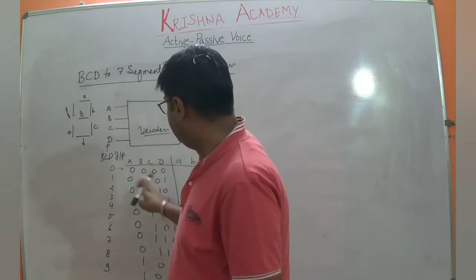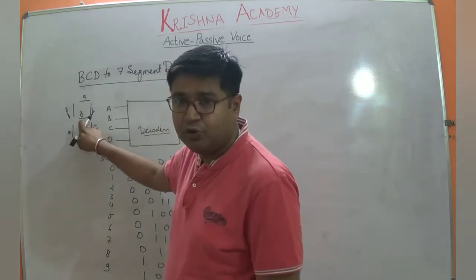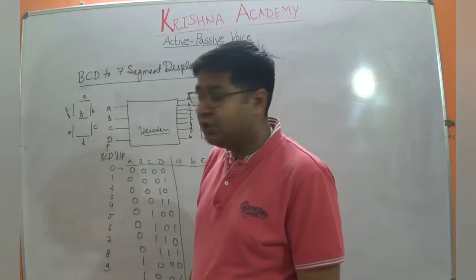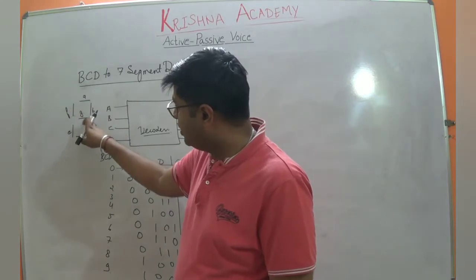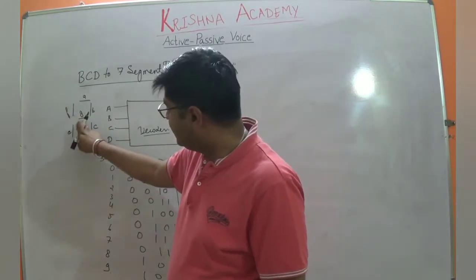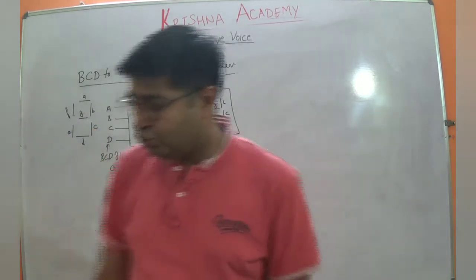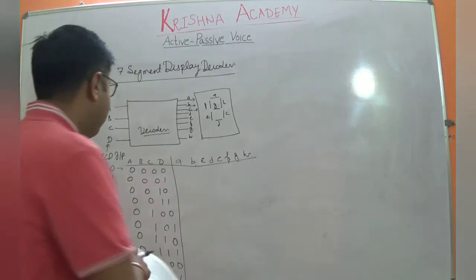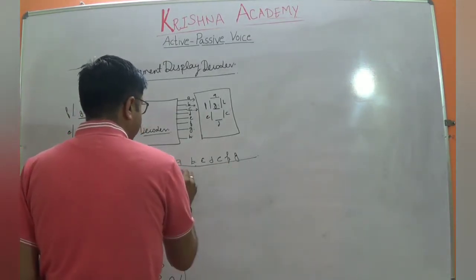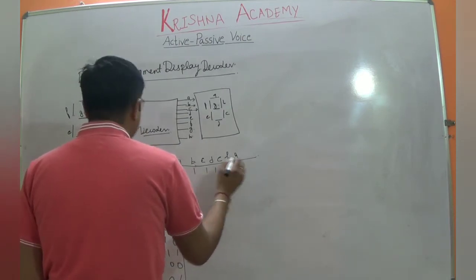If you want to show 0, this particular segment needs to be off, the others need to be on the higher side. So logical high output will be provided to all these outputs, but to this output the output will be 0. So to show this number, it will be 1 1 1 1 1 1 and 0.